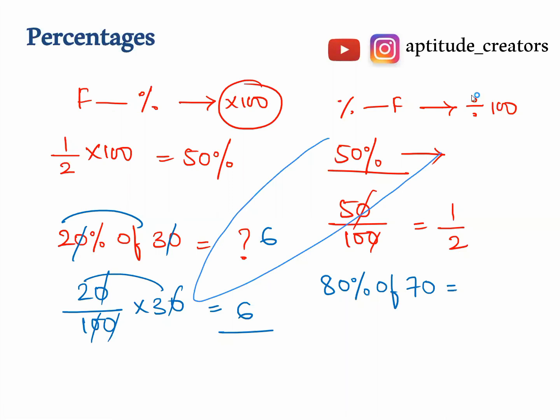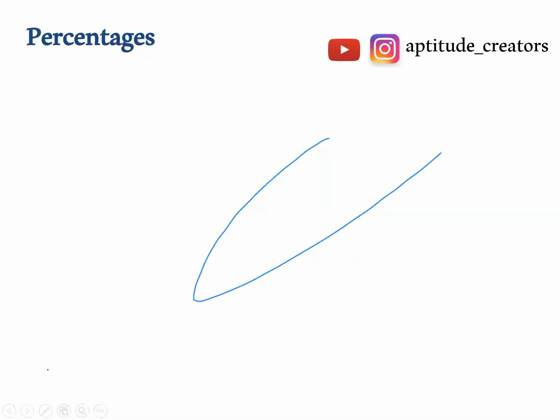What about others? 80% of 70. Correct. You can cancel out 0 and 0. What about left of the numbers? 8 and 7 are left of the numbers. Now, what is 8 into 7? 8 into 7 is equal to 56. Correct. You can say 56. Okay, up to here, that is fine.